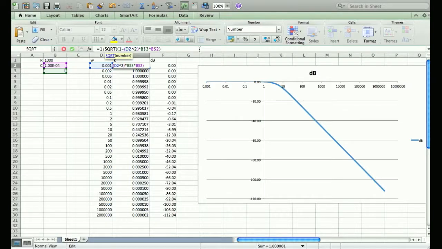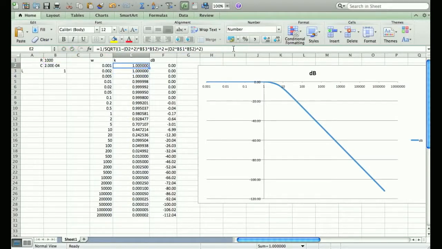Then you divide V in over to the other side, so you get V out over V in. That's your transfer function. If you want the magnitude, you take the square root of this and square the real and imaginary parts. That's how we got 1 inside the parentheses. You just square both parts. You have to square anything in the denominator.